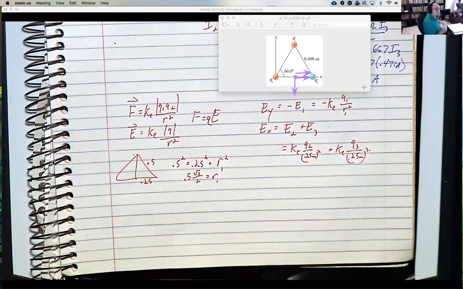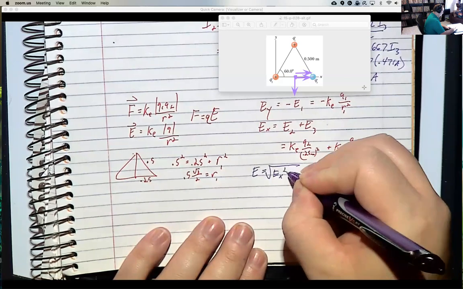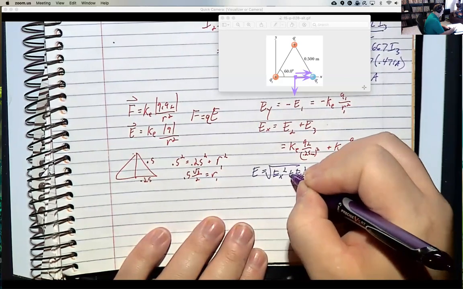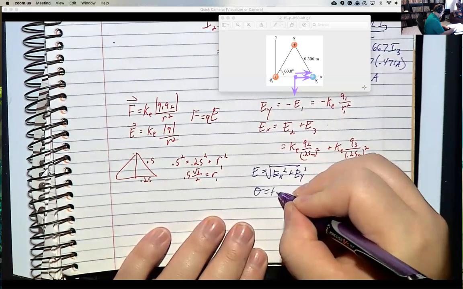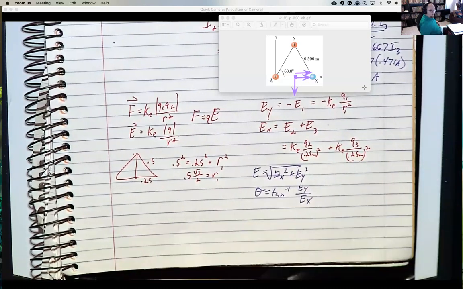Once you have your components, you can find the magnitude, which is the square root of EX squared plus EY squared, and the direction, which is the inverse tangent of Y over X. Do you want me to plug in numbers, or is that okay like that? That's fine like that. Okay.